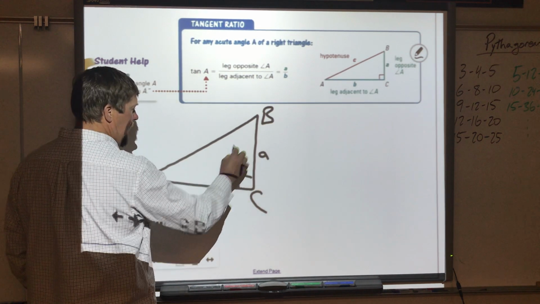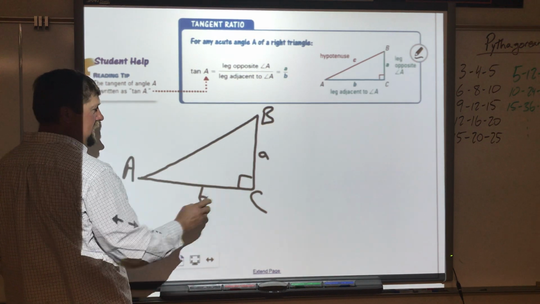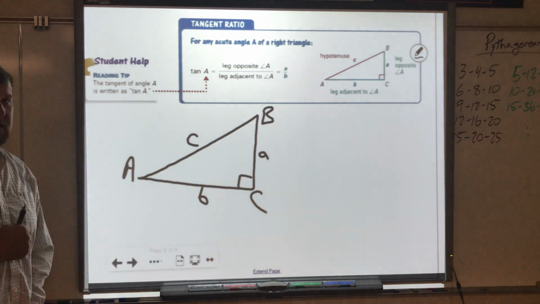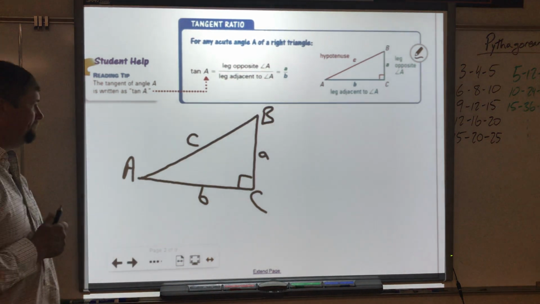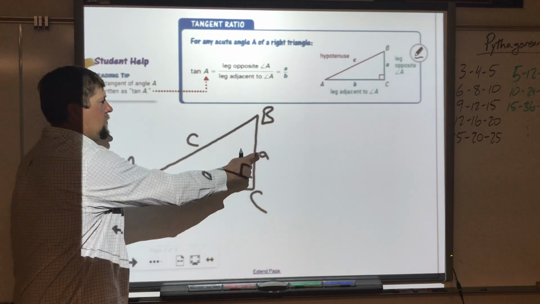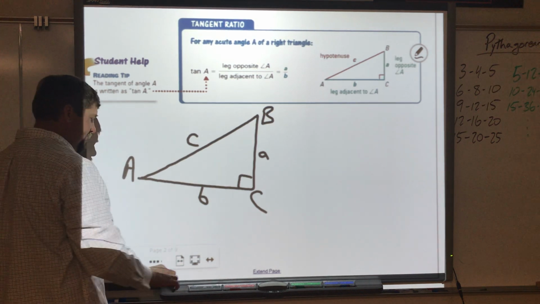The side opposite the B angle is lowercase b, and the side opposite the C angle, or the 90-degree angle, is side c. We use these for the Pythagorean theorem, a squared plus b squared equals c squared. So it's the same labeling as that.